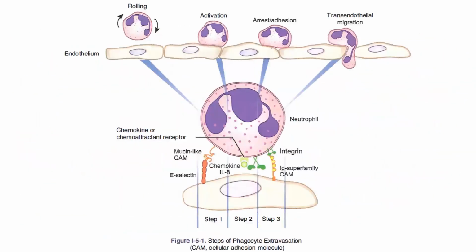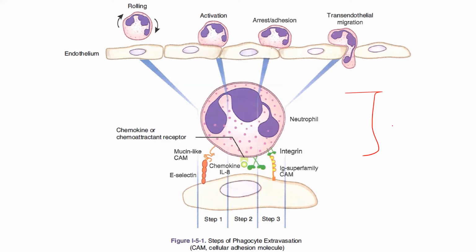Okay. Last few things that we're going to do in the last few minutes are some of the basic cell responses. Neutrophils. Please memorize everything from this chart. And if you have lecture slides with even better ones and better explanations, and you can go on YouTube and watch neutrophil phagocyte extravasation with CAMs and cellular adhesion molecules, please watch it, memorize it, know the integrins and the things that help bind and stick and roll and adhere, so you know how a neutrophil will get out into the interstitial cells and respond to infection.